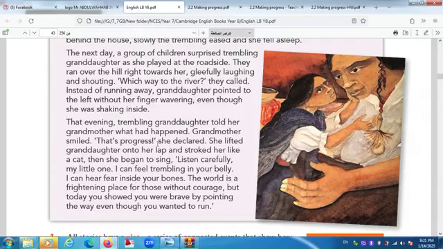"That's progress," she declared. She lifted granddaughter onto her lap and stroked her like a cat. Then she began to sing. "Listen carefully, my little one. I can feel trembling in your belly. I can hear fear inside your bones. The world is a frightening place for those without courage. But today you showed you were brave by pointing the way even though you wanted to run."